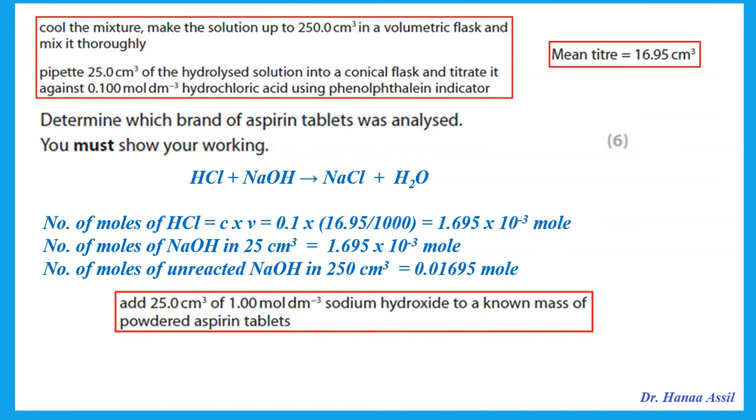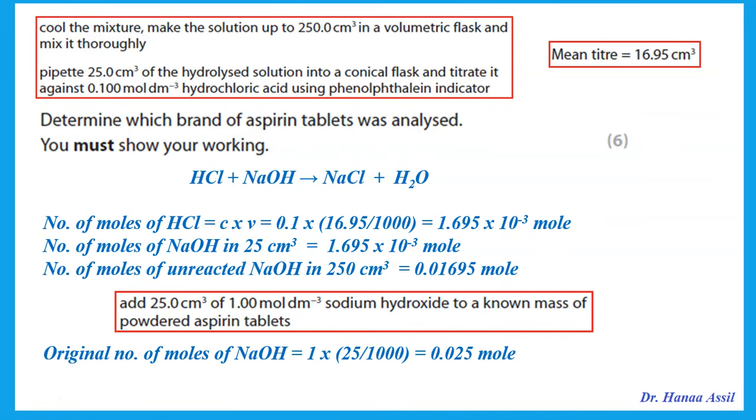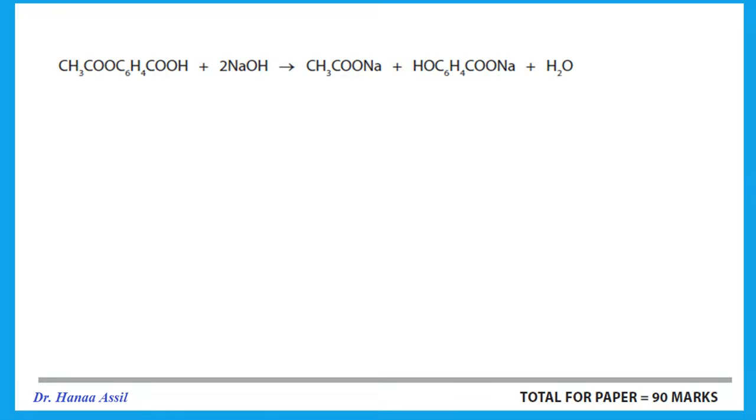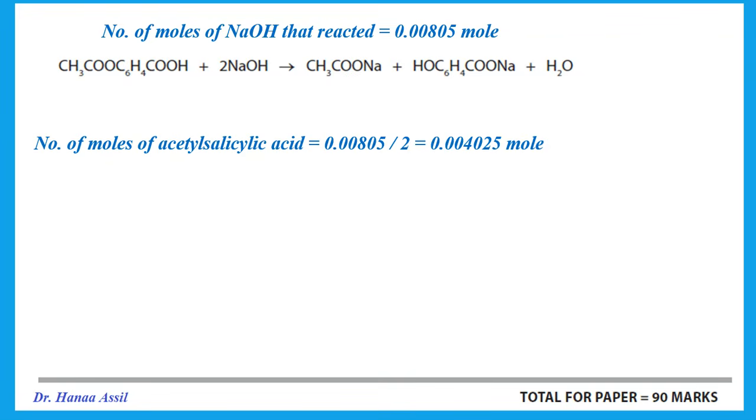And then we were told that at the beginning we added 25 cm³ of 1 mol dm⁻³ of sodium hydroxide. So I can get the original number of moles of sodium hydroxide. And that means the difference between them would be the number of moles of sodium hydroxide that reacted. So now that I know the number of moles of sodium hydroxide that reacted, I can determine the number of moles of acetyl salicylic acid that was present.